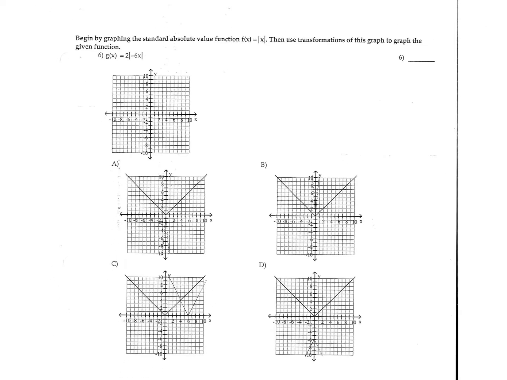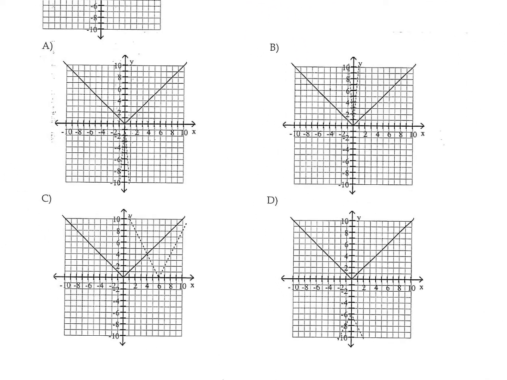On to number 6 here, they ask us to take the absolute value graph and transform it. These two transformations are a vertical stretch and a horizontal compression. So we're not moving up, down, left, or right. We're not moving vertically. So I can eliminate some answers.